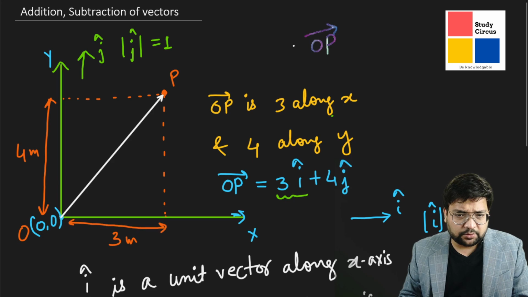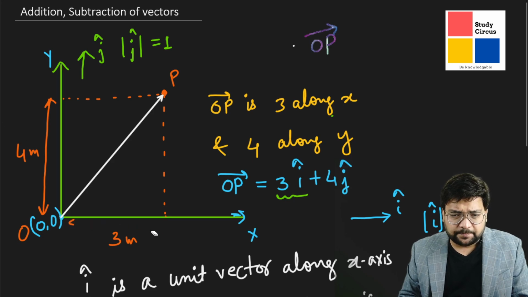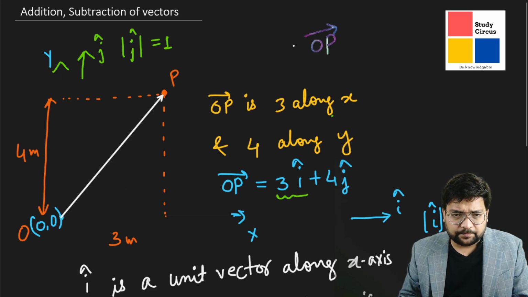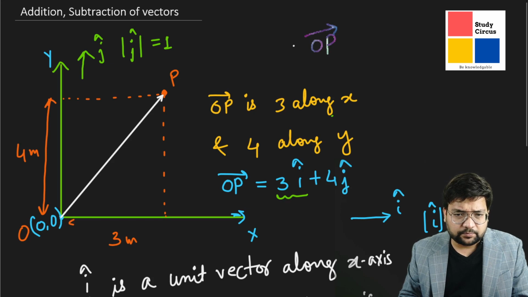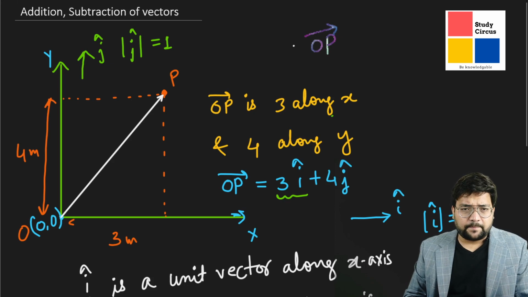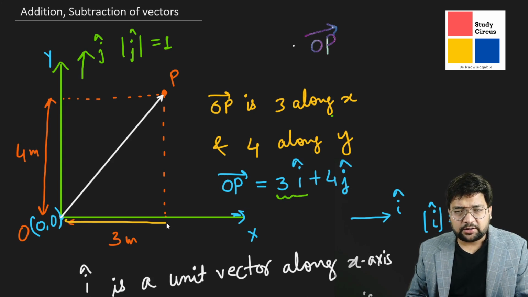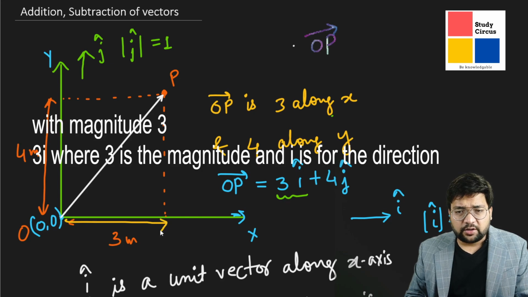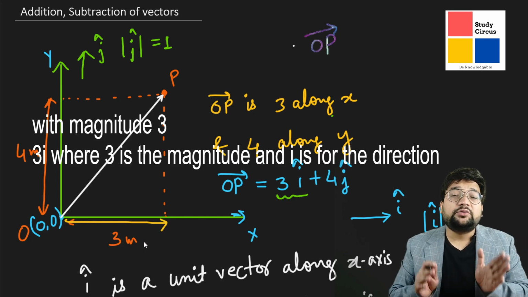This is your 3 i cap basically along the x, with magnitude 3.